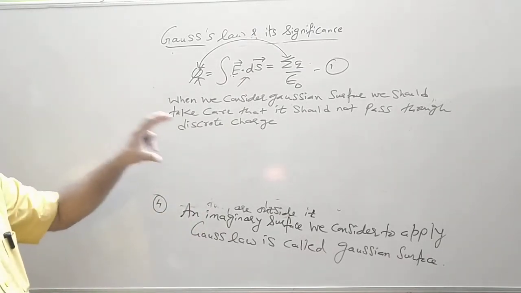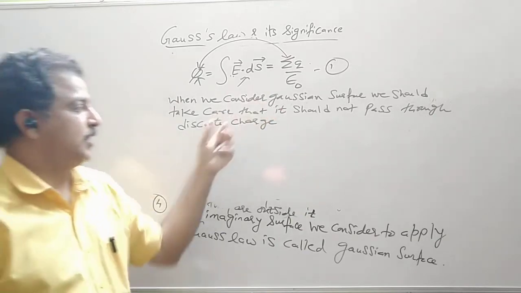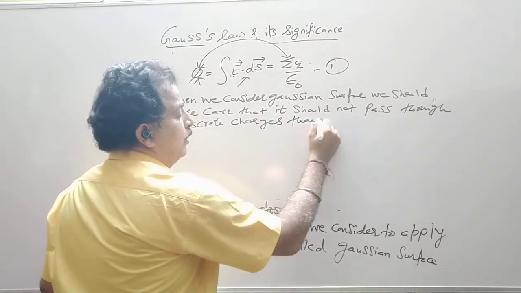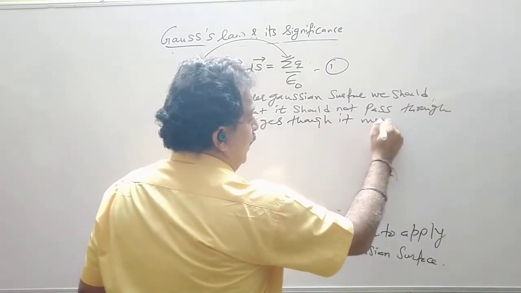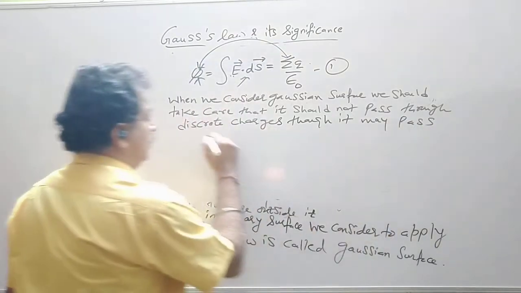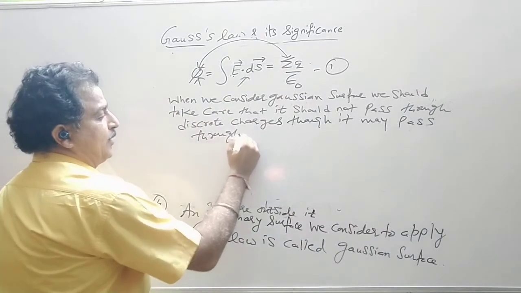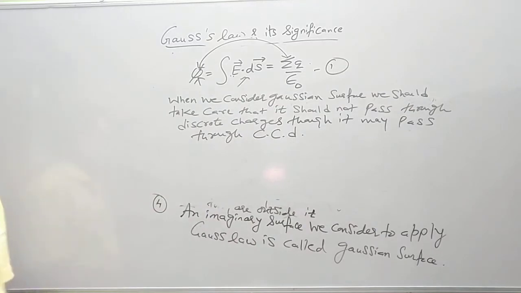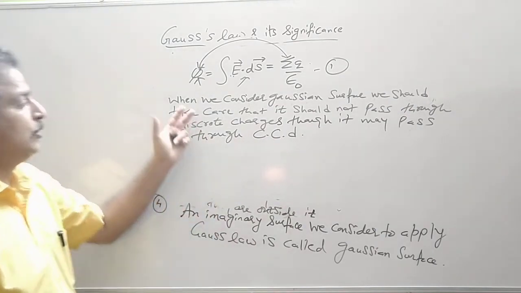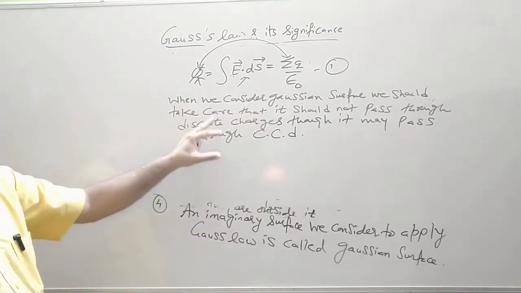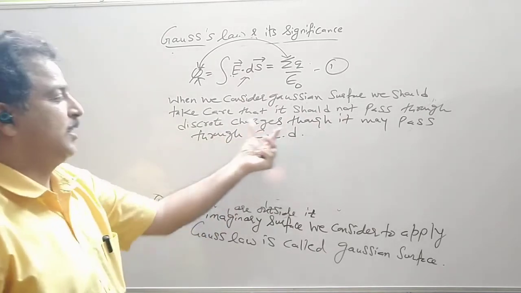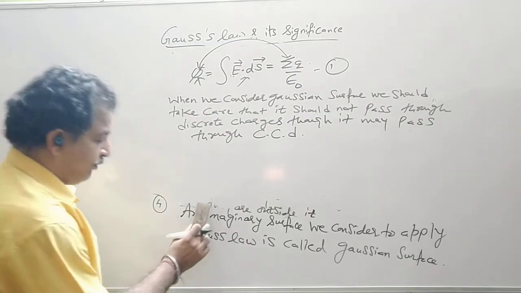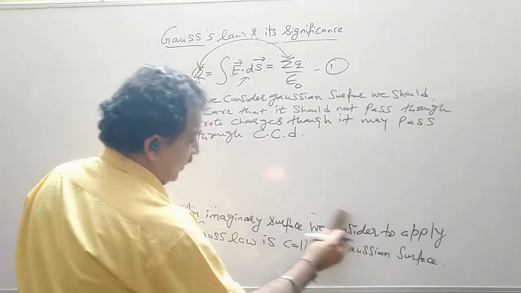So we should take care that Gaussian surface should not pass through discrete charges, though it may pass through continuous charge distribution. I am writing continuous charge distribution as CCD. Don't use this short form. So first thing is, you have to consider one imaginary surface.